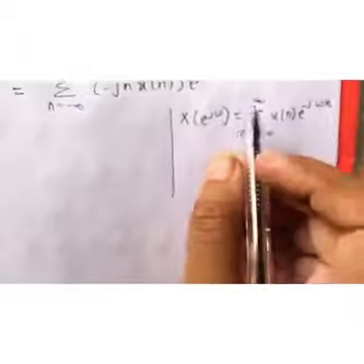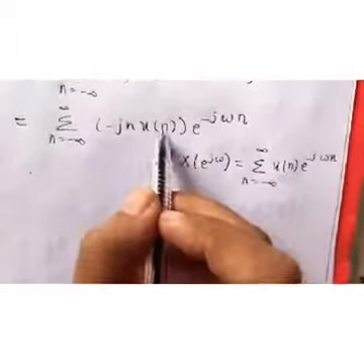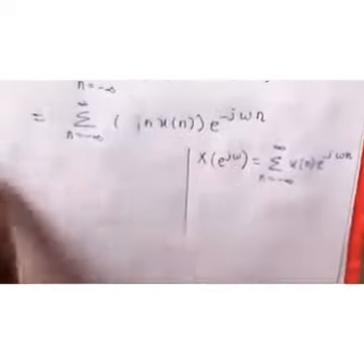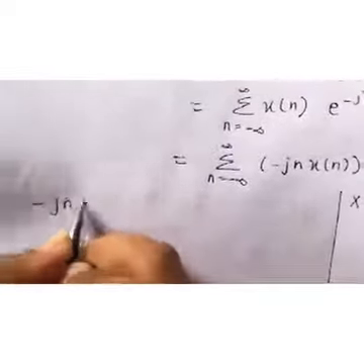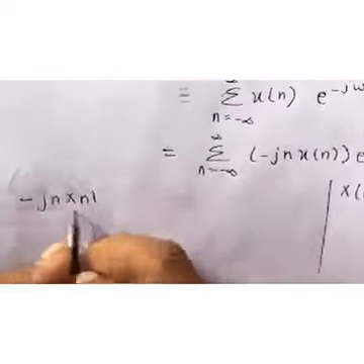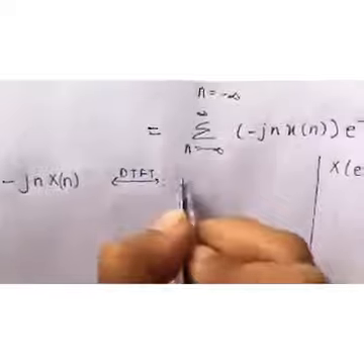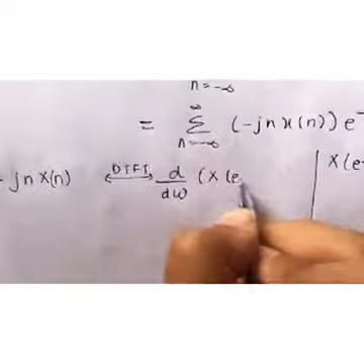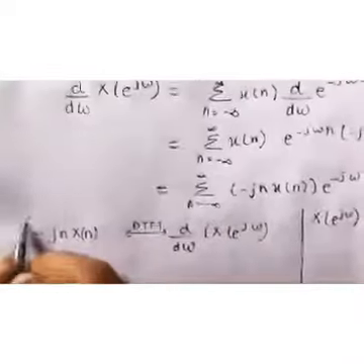In this, if in place of x of n we have minus jn x of n, then this will form the Fourier transform pair with the function minus jn x of n. Hence proved.